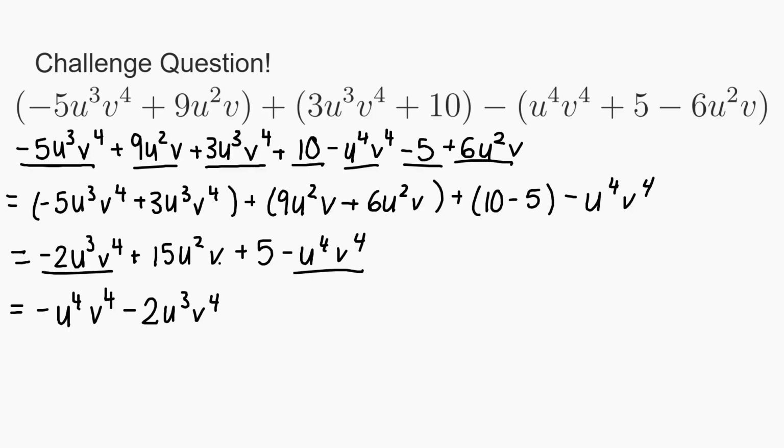And then we have these two left. This one's degree 3. This one's degree 0. So this is going to be 15u squared v. And lastly, we have 5. So negative u^4v^4 minus 2u^3v^4 plus 15u squared times v plus 5 is our final answer.